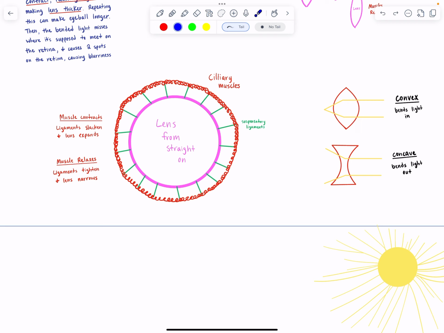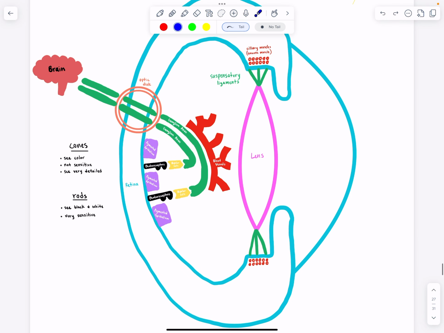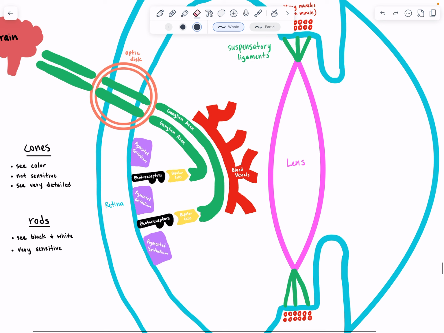Convex bends light in, concave bends light out. I don't know if I need to talk about that very much, but some more structures. Behind the lens, there are blood vessels, ganglion axons, bipolar cells, photoreceptors, and pigmented epithelium.